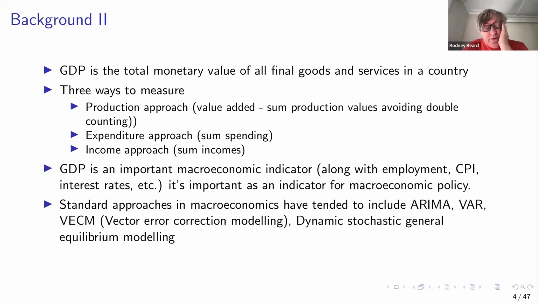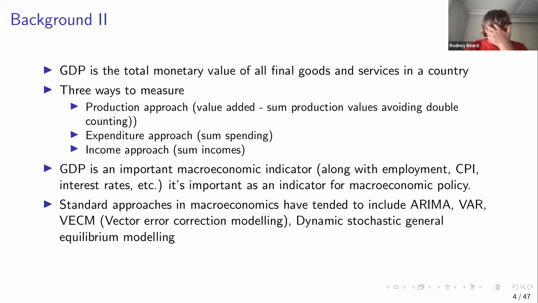Standard methods used by macroeconomists typically include autoregressive integrated moving averages, ARIMA, and vector autoregressions, VAR. There's also VECM, vector error correction modeling, when you're looking at co-trending series that may not be stationary, and you're looking for long-run equilibria between different series of data.